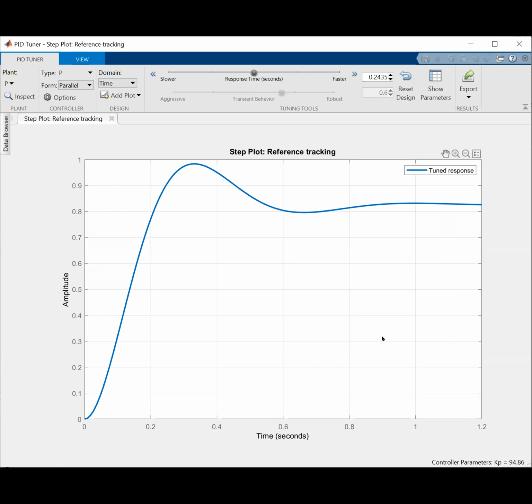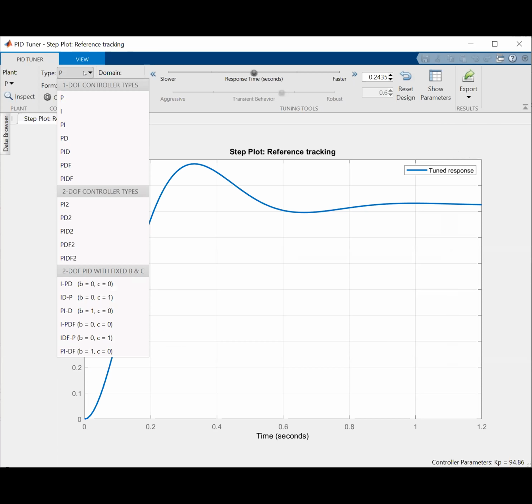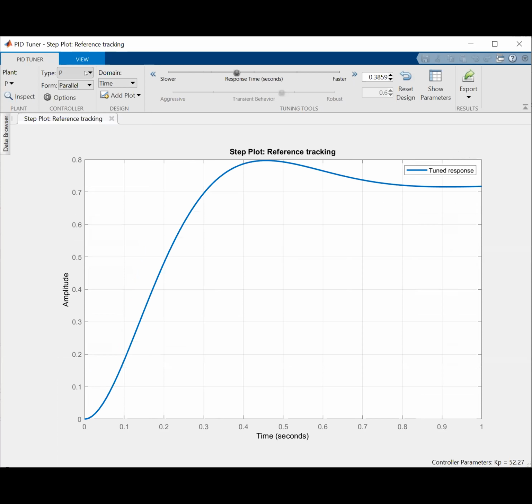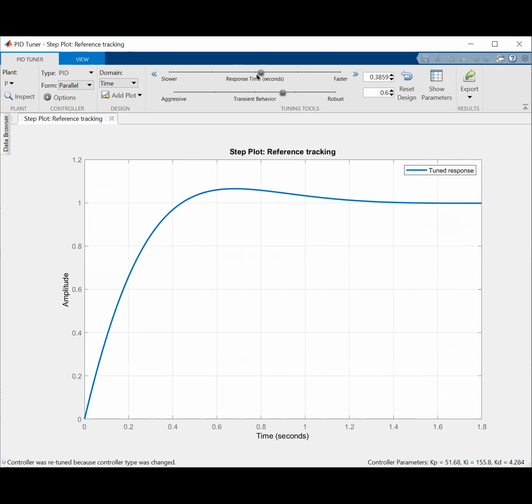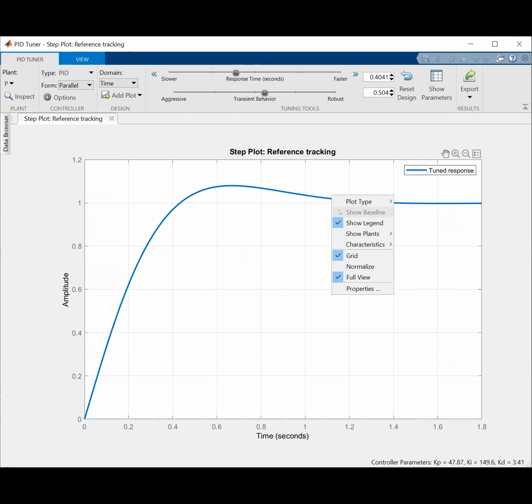So you should be seeing the PID Tuner. It says type P. There are multiple options. You can click PI, PD, PID. Then if I say PID, I can move the response time. I can move the transient behavior. I can show what type of plot it is.